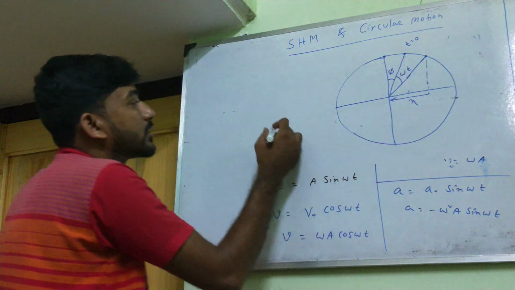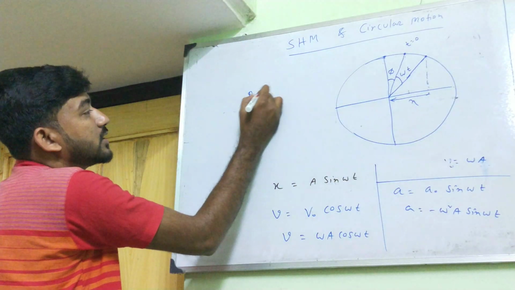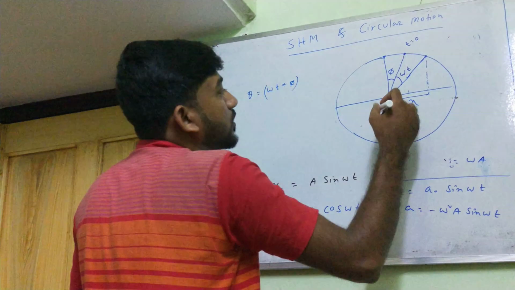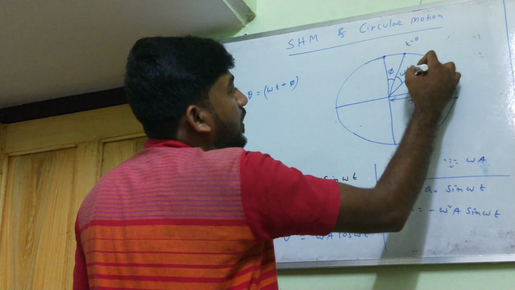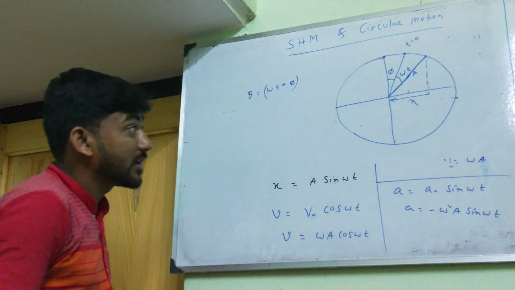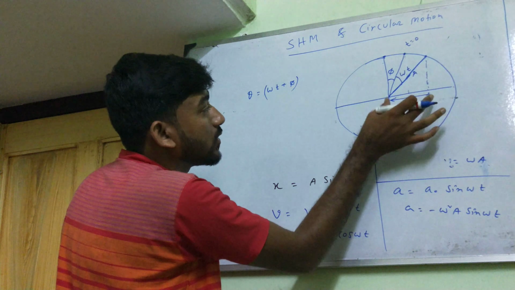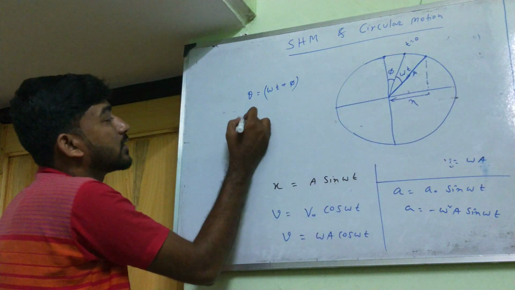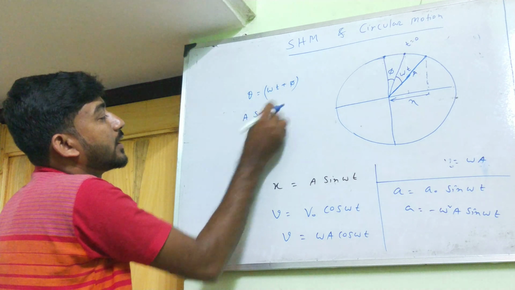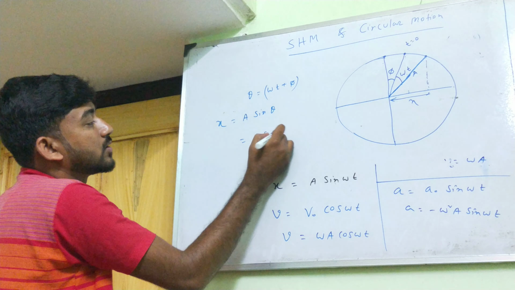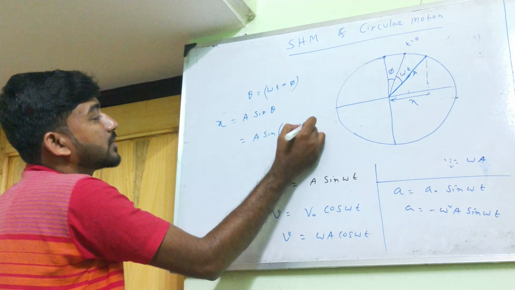If we take this phi plus omega t as theta, equals omega t plus phi, then the projection of A, that is the radius of the circle, on this line will be A sin theta, and this theta is nothing but omega t plus phi.